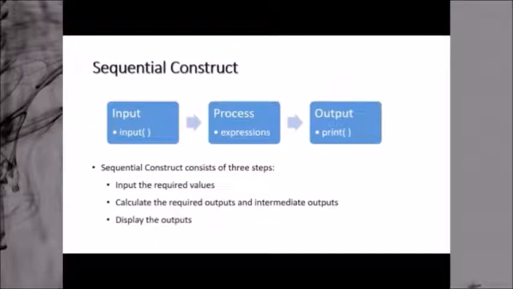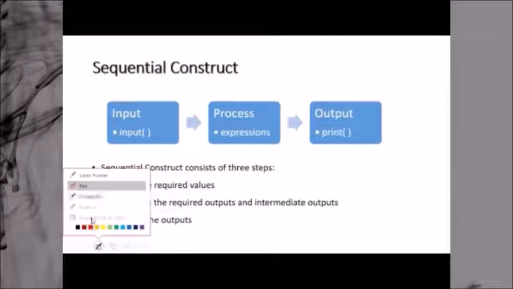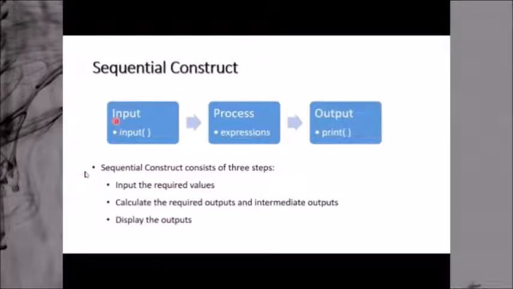Now coming to the sequential construct, as I told you, it is very simple. There is a sequence, and in the sequence we perform three operations: the input, the process, and the output. For input, we use the input function, basically not a statement, an input function.